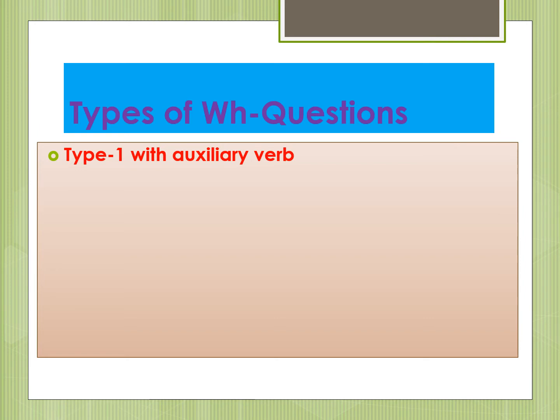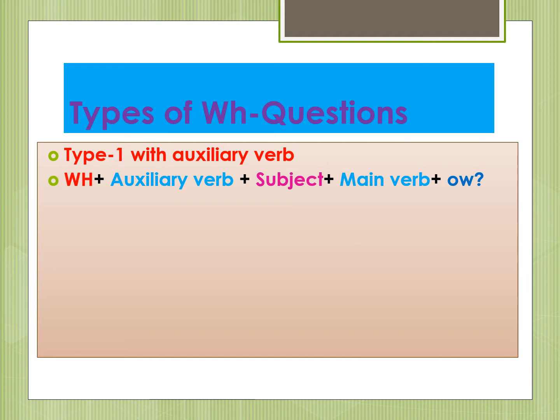The structure of the first type of WH question is WH word plus an auxiliary verb plus subject plus main verb plus other words. Let us see examples.